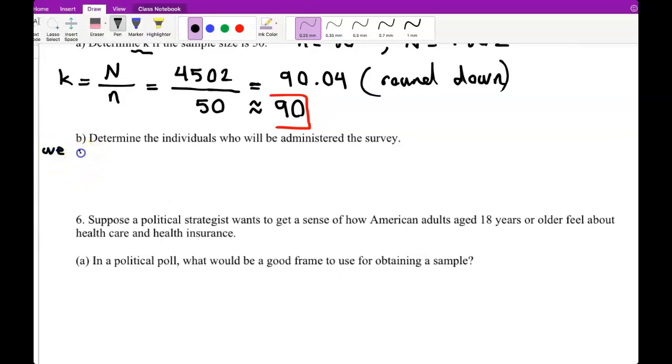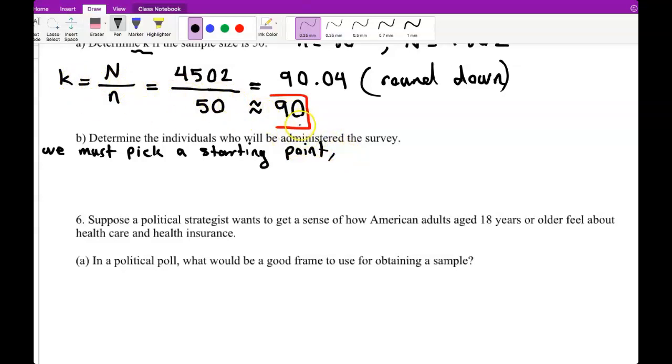We must pick a starting point, and that should be between 1 and k.